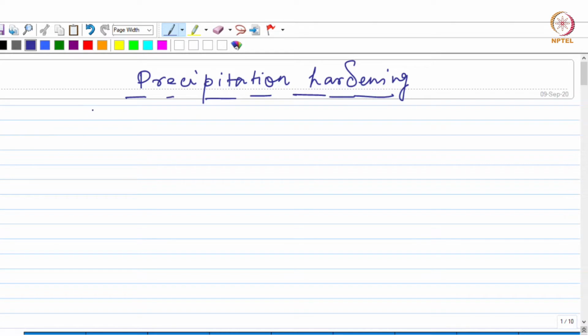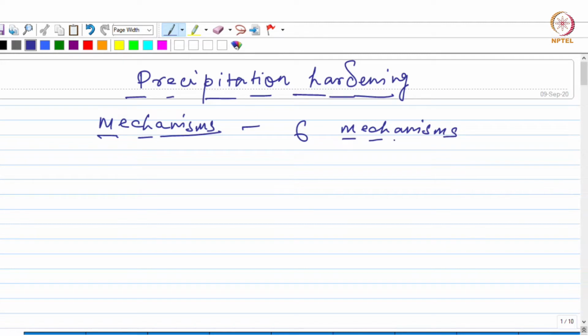We have discussed the mechanisms of hardening in the past couple of classes, and we have seen that there are basically 6 different mechanisms through which the hardening can occur in this particular phenomenon. And then we also talked about the precipitation sequence.